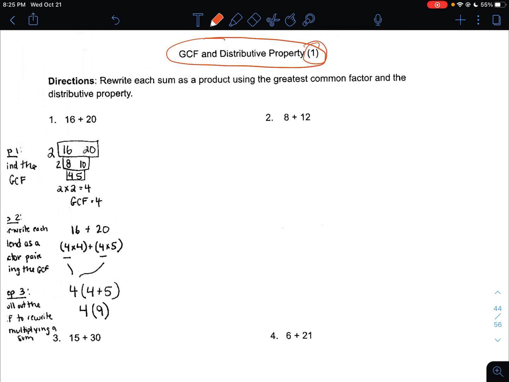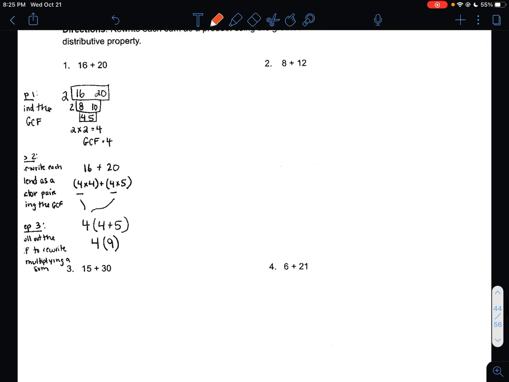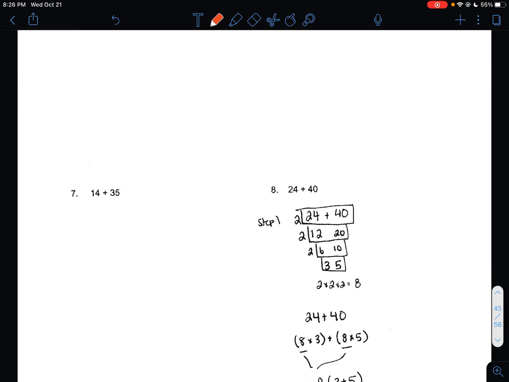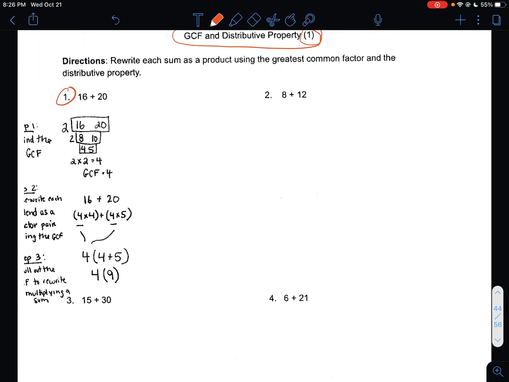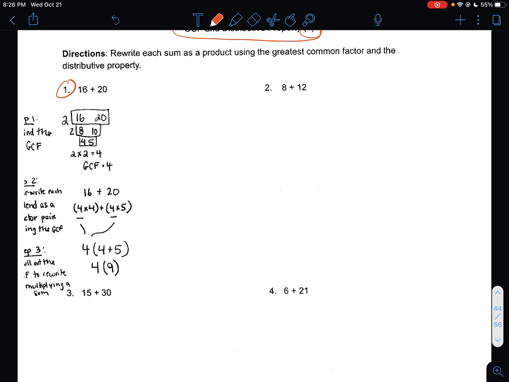I did number 1, and then number 8, so you have examples to look at if you forget what to do. You have 3 problems on each side, 6 total to practice.